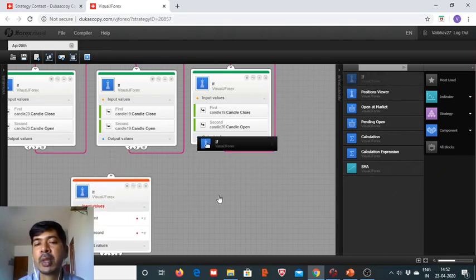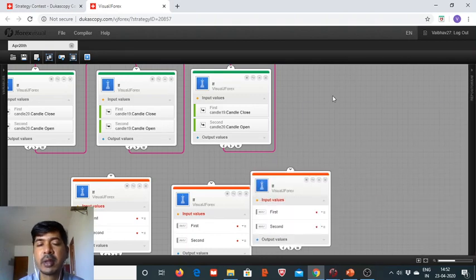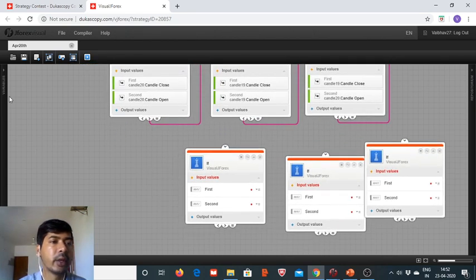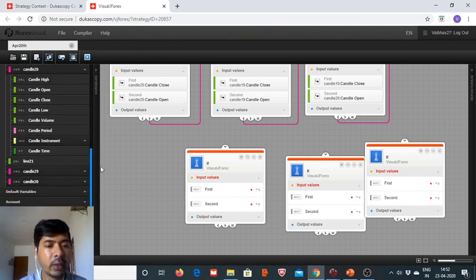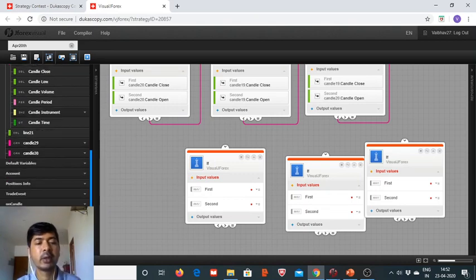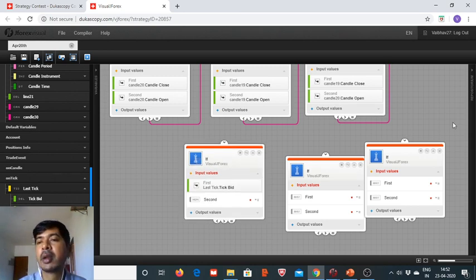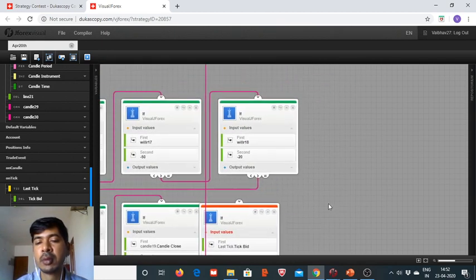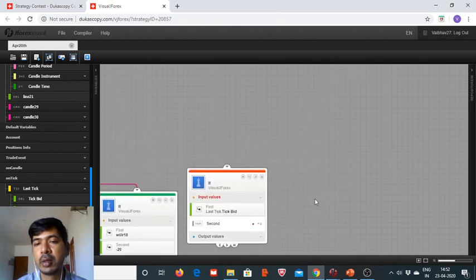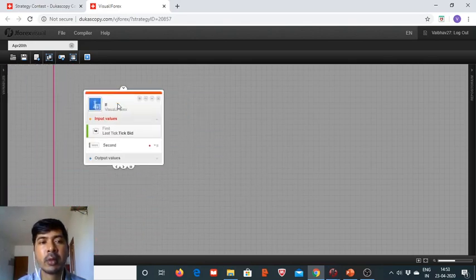So we will need three blocks, and the first thing will be that last tick bid should be less than the candle 20's closing value, and for that we go to on tick bid, last tick, and here comes last tick bid, and it should be less than the candle 19's closing value.